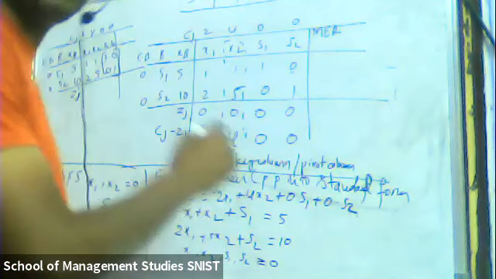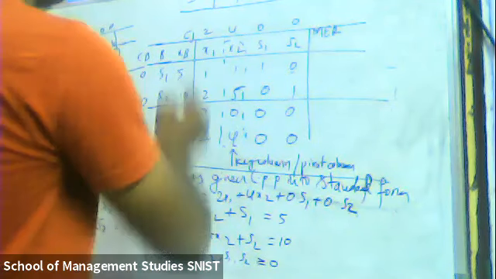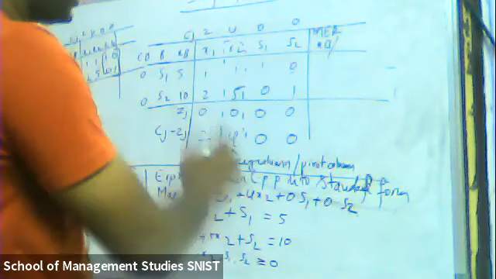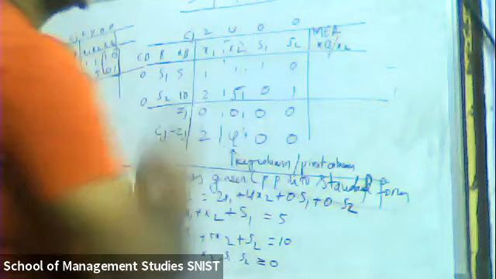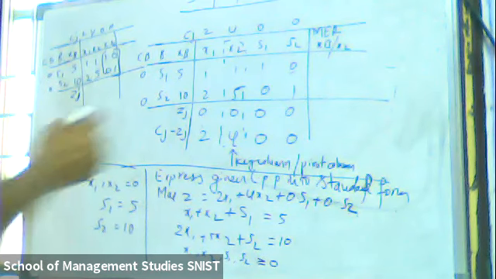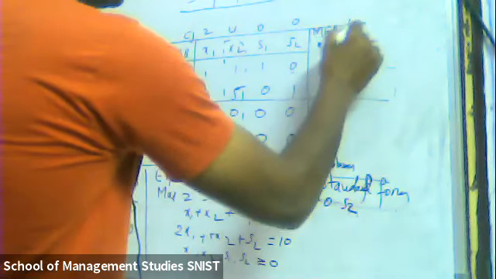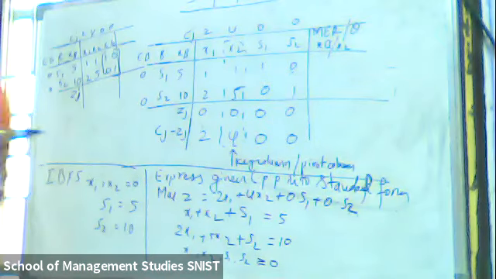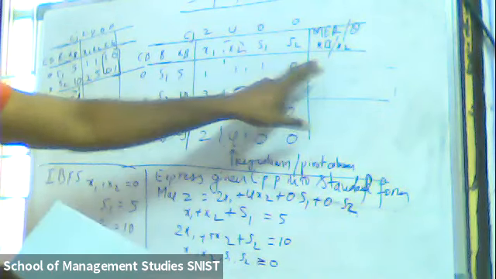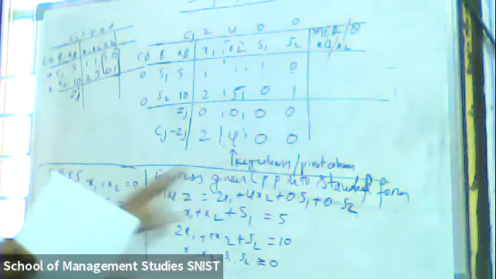Now, we need to find the minimum exchange ratio, also called theta. How to calculate it? XB divided by the key column. We got the key column, which is X2. Where did we get the key column?